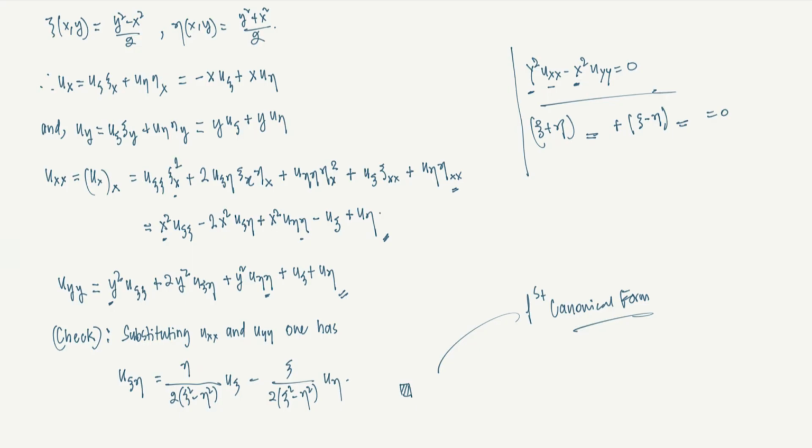Now I have a similar equation, but with a change of variable, and the equation looks like this, u_xi eta, in canonical form with two lower order terms. Right now we don't know, but later we'll see that this makes our life much easier, so we can solve these equations much more easily. That is how you solve the hyperbolic equation.